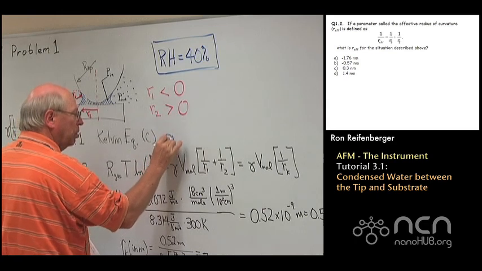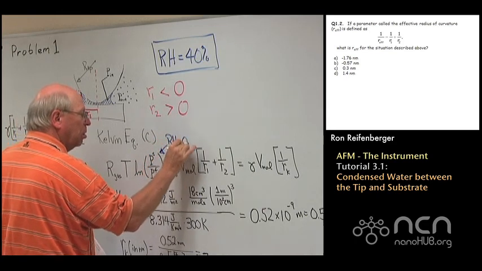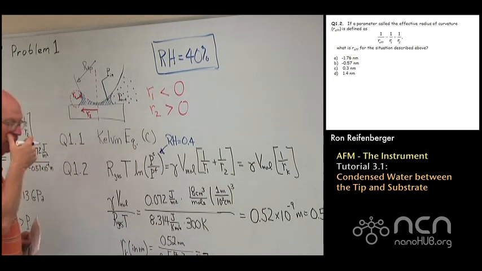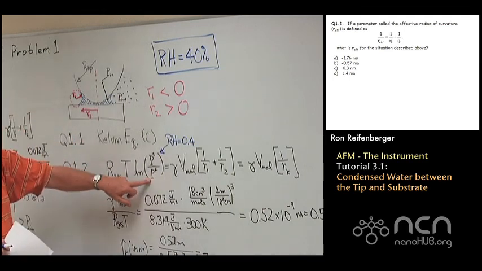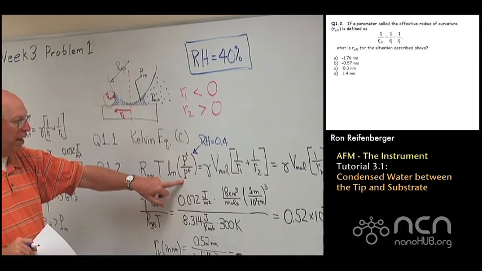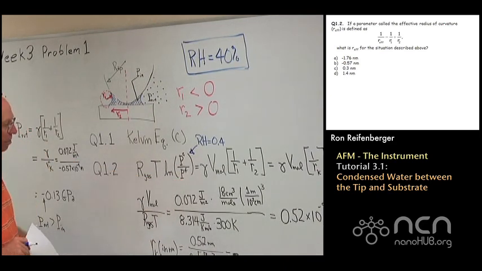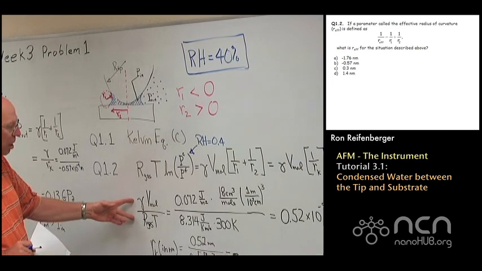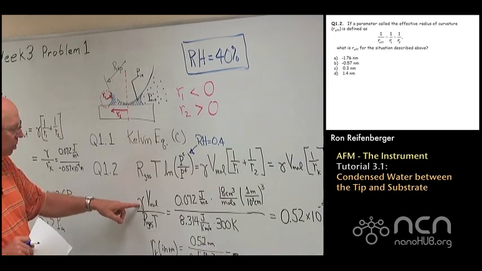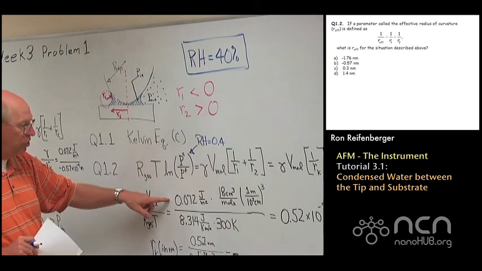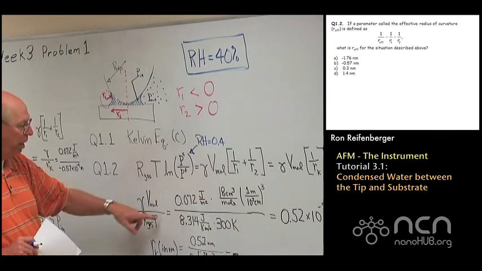So the relative humidity of 40% is used to evaluate the natural logarithm of these 2 pressures. First thing I calculate is the constants in this problem. So gamma is the surface energy of water. It's 72 millijoules per square meter.